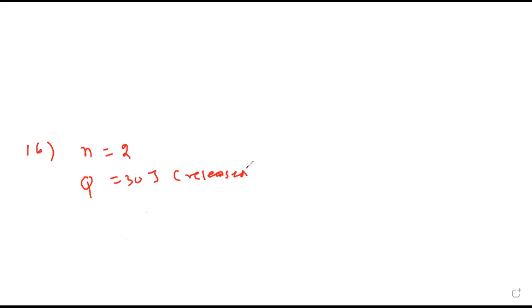Minus, because it is lost. And 22 joule of work is done on the gas. On the gas means gas will contract. It will be minus 22 joule.